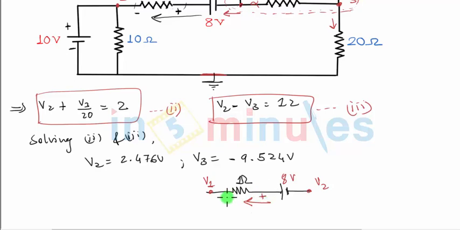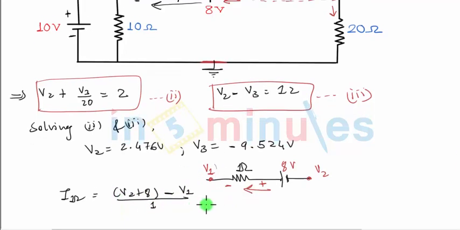So in that case, the current through the 1 ohm resistance, I1, comes as follows: on the positive polarity side the total voltage is V2 plus 8, minus on this side it is V1, and this will be divided by 1, which is the resistance, 1 ohm. Now V2 is already known to us. It is 2.476 plus 8 minus V1.